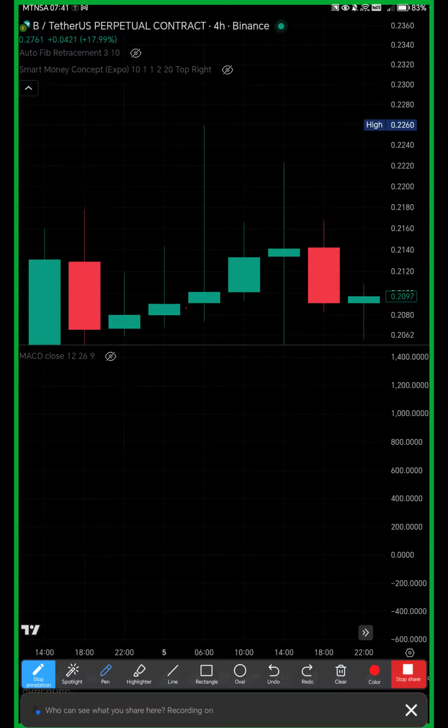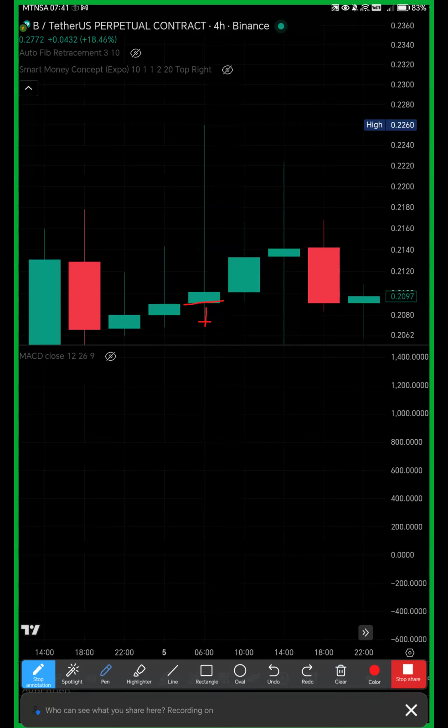Sometimes before it started to go up, sellers will show that we are here. They will do some sort of selling. Buyers could not allow them to continue with selling. They came and fought. They brought the price back to the opening.